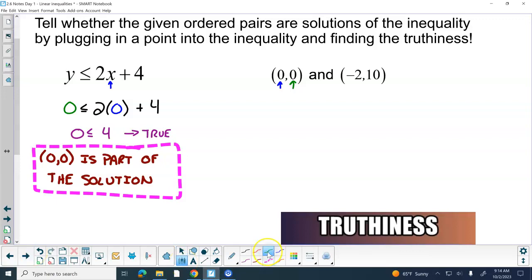So we're going to plug in 10 for y, and then we're going to plug in -2 for x. 2 times -2 is -4. -4 plus 4 is 0. 10 is less than or equal to 0. True or false? That one is a false.